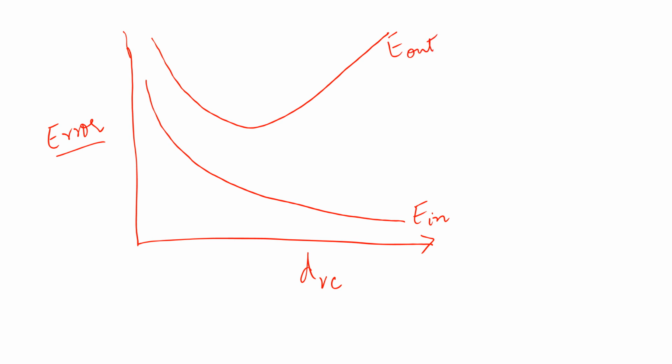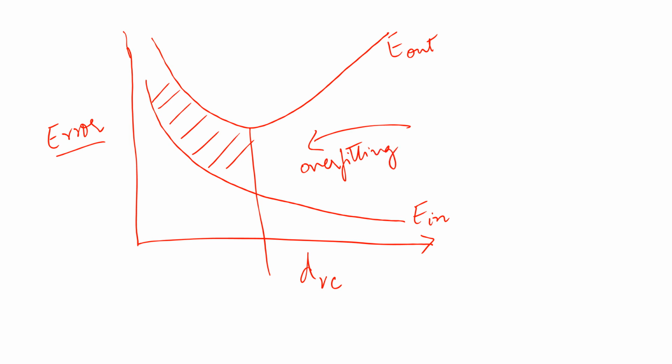And so we were doing fine until this point. So this was my optimal point, and we are fine in this region. And it is here, this is my overfitting region. So conceptually, whenever my model lies in this region, this is when I tend to overfit, because I'm going further and further apart from my E out.